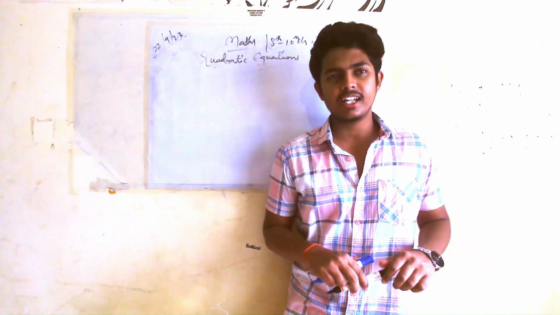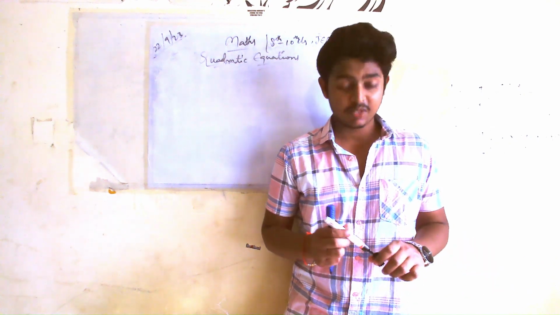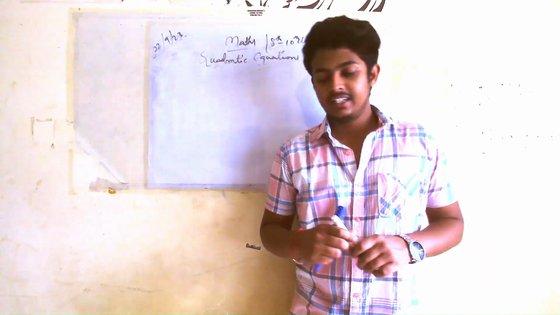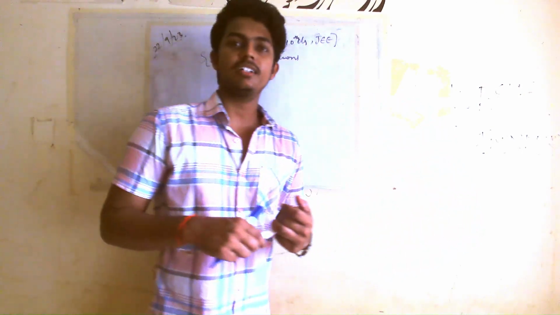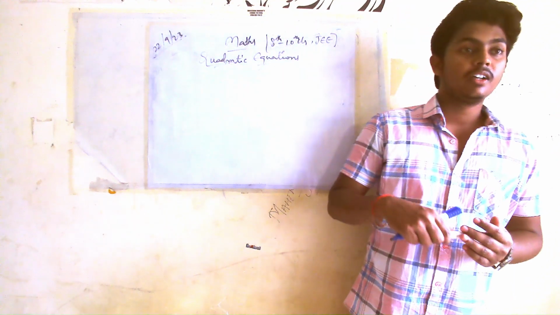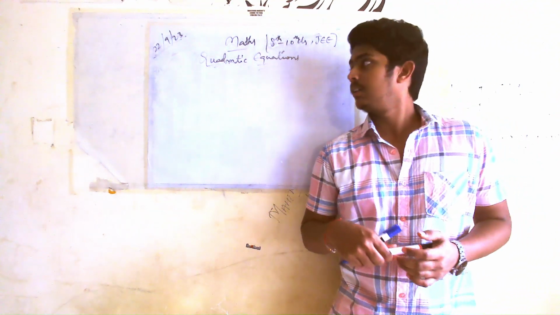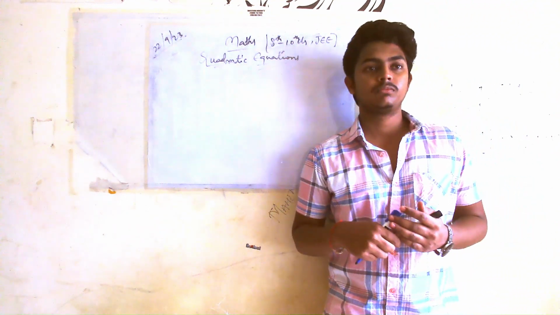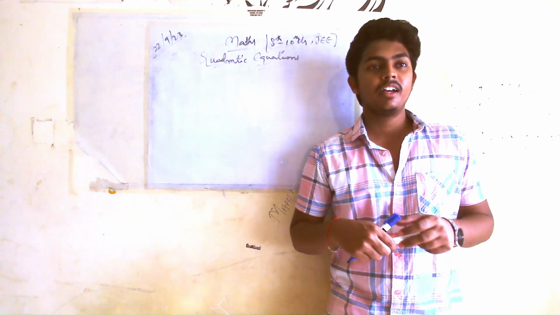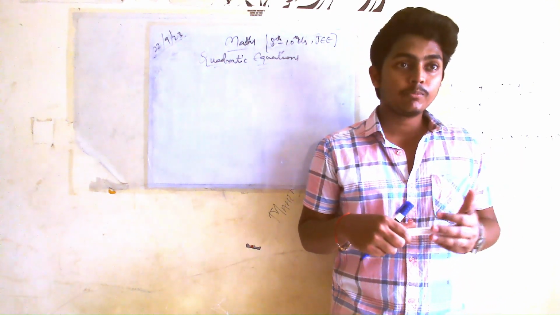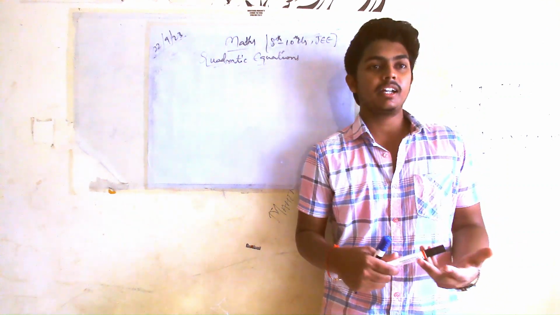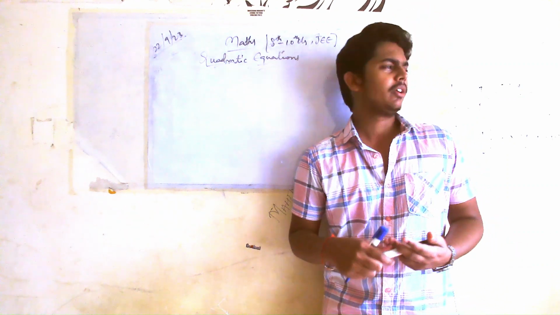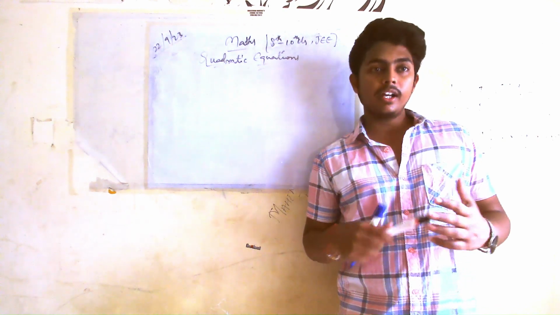What do you mean by quadratic equation? First, we'll define it. A quadratic equation is an equation which consists of a variable, let's say x or y or z, whatever it is, which has some non-negative integral power.